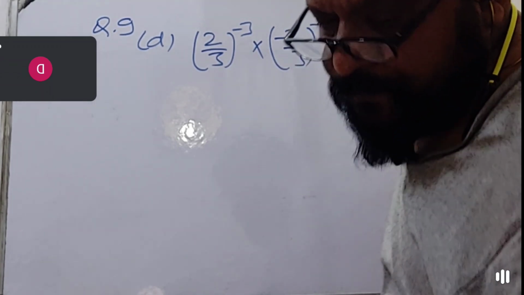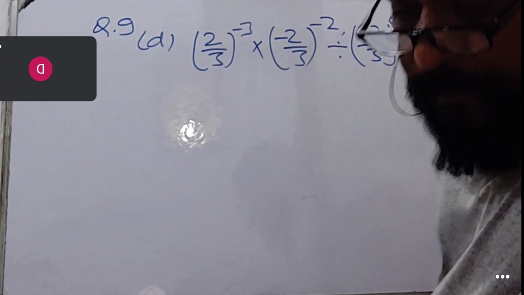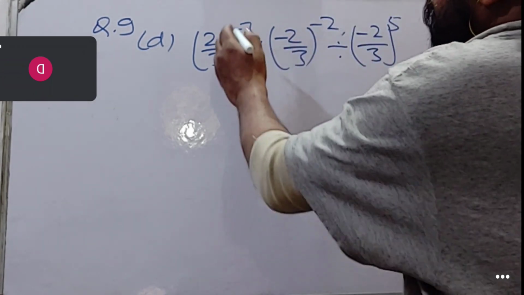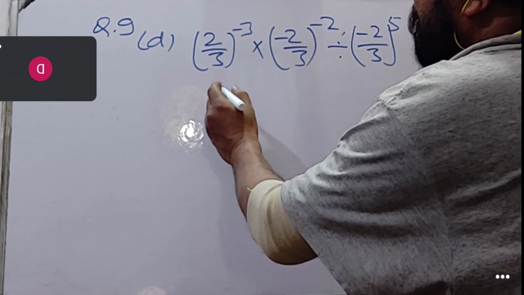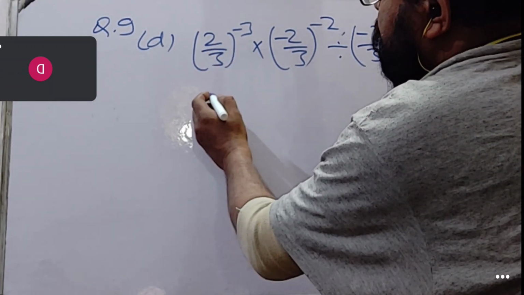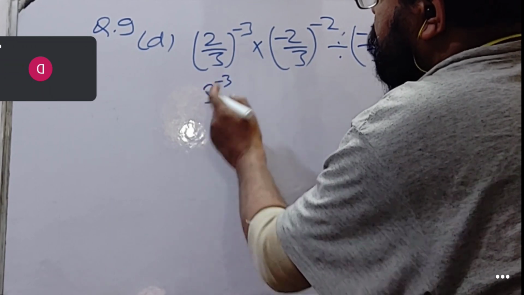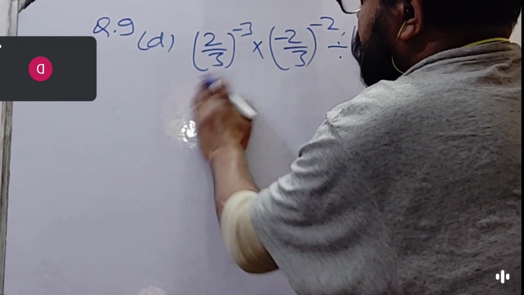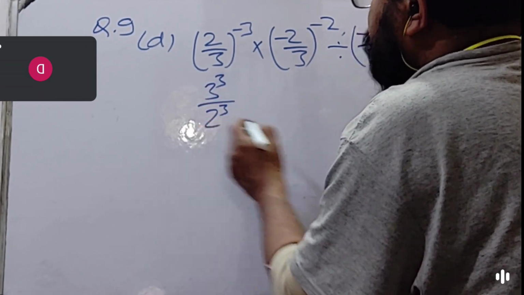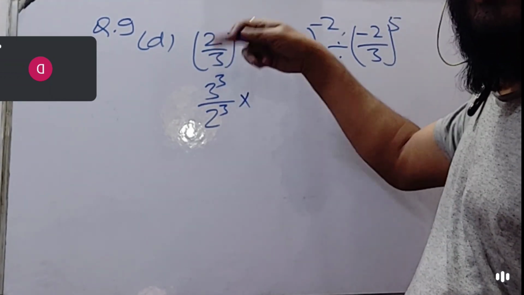And minus 2 upon 3 whole raised to the power 5, right? So what does it become? It is 3 raised to the power 3 upon 2 raised to the power 3 into, yeah, it will be this reciprocal.